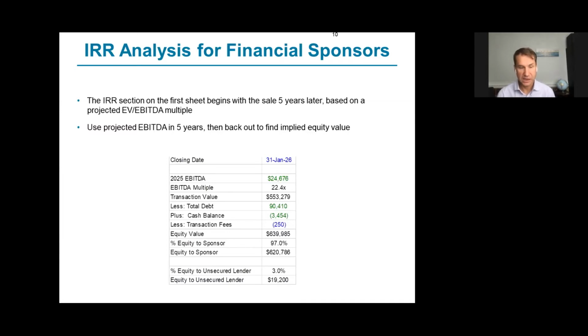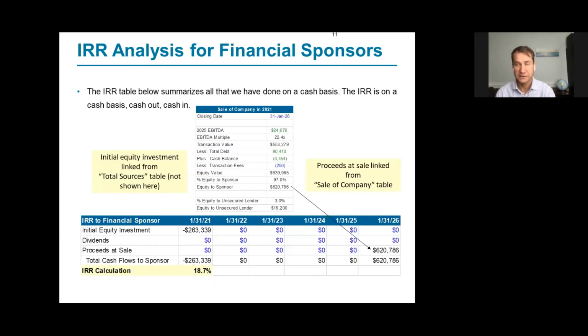And same, subtract cash to calculate equity value on exit. And remember, we had a 3% assumption going to the unsecured lender, and then 97% goes to the private equity firm. So here we'll take 97% of the equity proceeds on sale 5 years later.